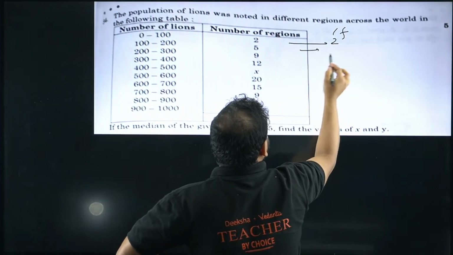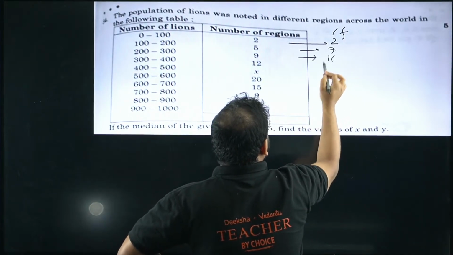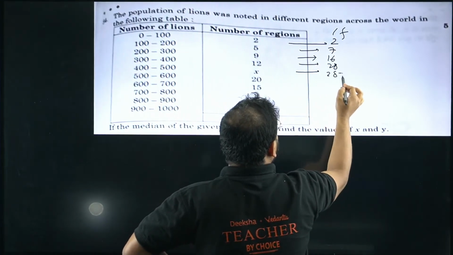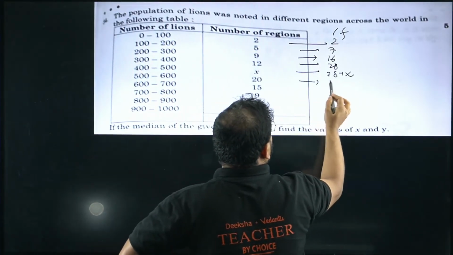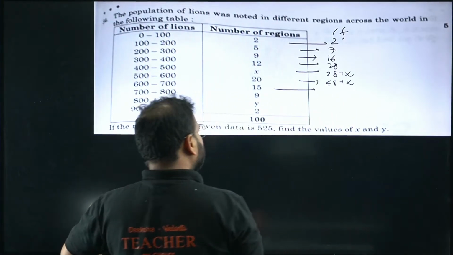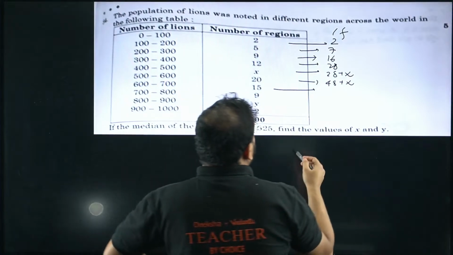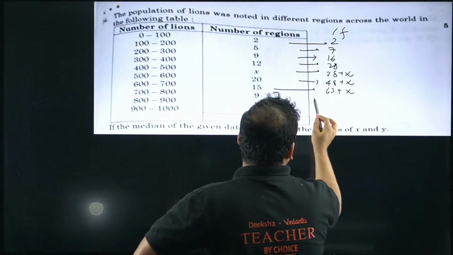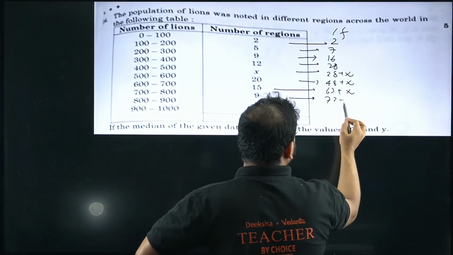It will become 7, 16, 28, 28 plus x, 48 plus x. You have 48 plus 10 is 58, plus 6 will be 63 plus x, plus 72 plus x.